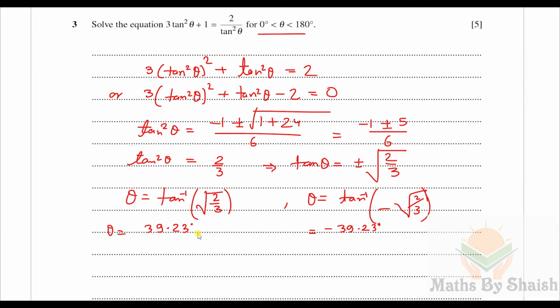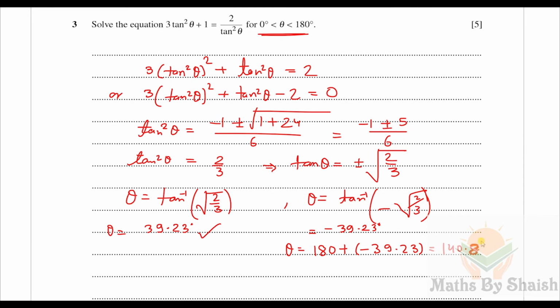Of course that is not acceptable, but in this one we can add 180 to get the next angle, that is going to be 180 plus this minus 39.23, and this value is going to be 140.768 and so on.